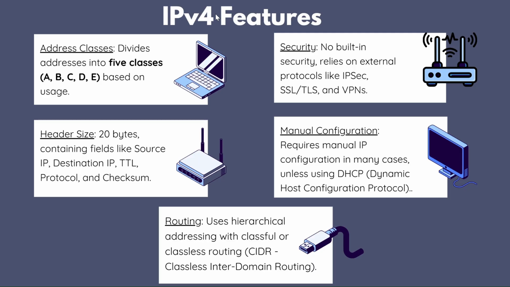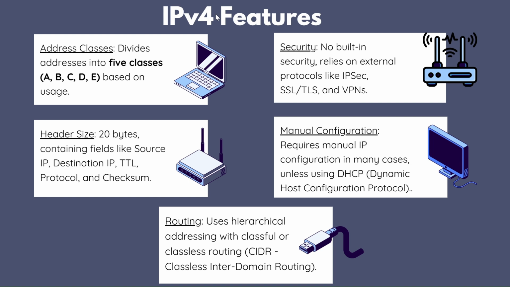Now let us see the IPv4 features. First is address classes. It divides addresses into 5 classes like A, B, C, D, E based on their uses. Second is the header size. For IPv4, it is 20 bytes containing fields like source IP, destination IP, TTL, protocol, and checksum. Third is routing. It uses hierarchical addressing with classful or classless routing.